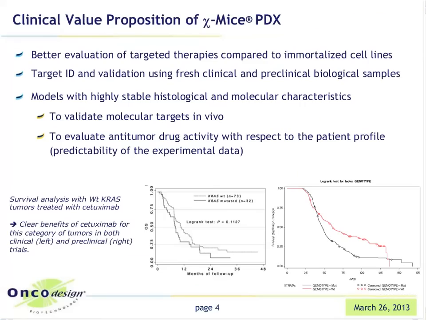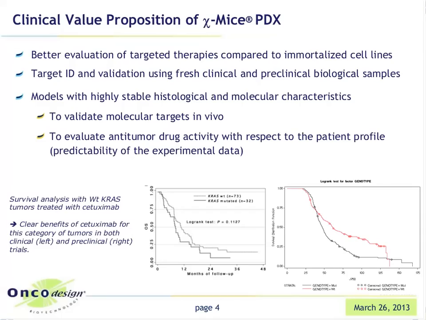Here, the point of doing such new models, the Chemice PDX models, is to have a better evaluation of the targeted therapies compared to immortalized cell lines. We can identify new targets, we can validate them on fresh clinical samples or on preclinical biological samples, since we are not limited anymore when we work on xenograft models.